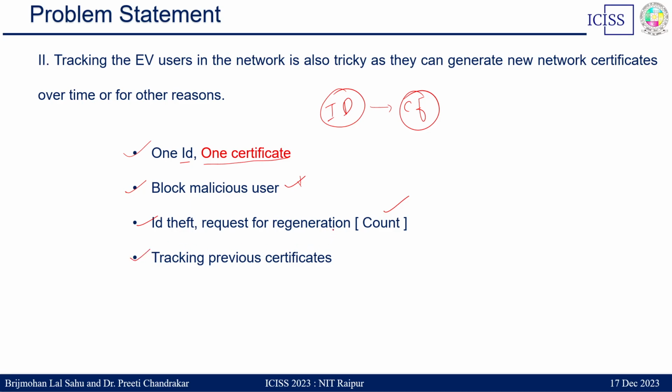It is very necessary to track, or at least create a link, so that it is possible to track all the previous certificates in order to check whether a user was previously involved in some kind of malicious activity or not. So these are the two problem statements that we have figured out for this particular research work.